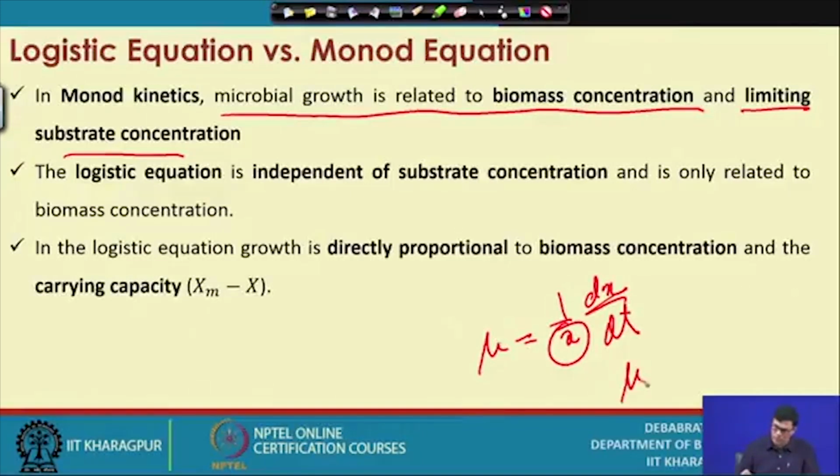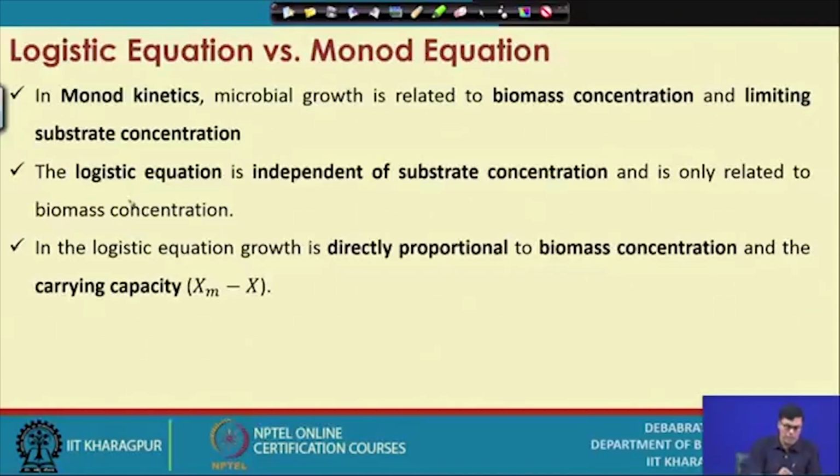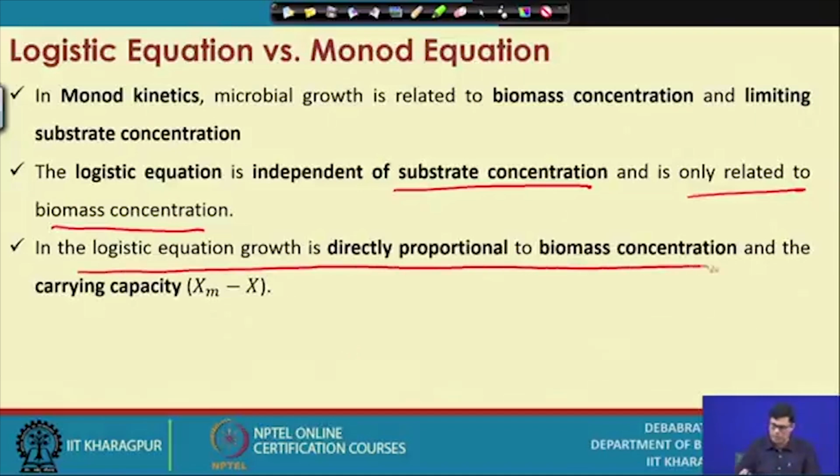And if you look at the Monod equation, mu equals mu max S by Ks plus S. So this is the limiting substrate concentration. And the logistic equation is independent of substrate concentration, it is only related to the biomass concentration. In the logistic equation, it is directly proportional to the biomass concentration and the carrying capacity, xm minus x.